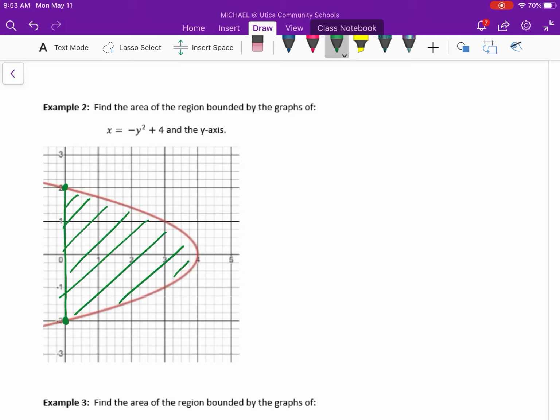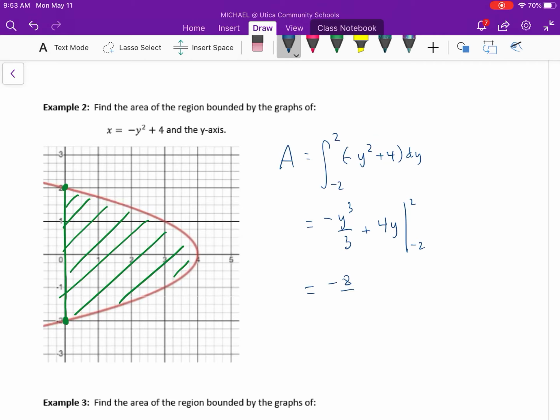So I'm going from -2 to +2, so that's going to be my integral of -y² plus 4 dy. So the integral of -y² is -y³ over 3 plus 4y, evaluated from 2 to -2.